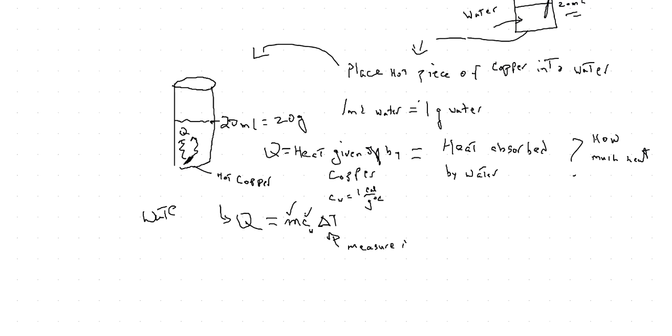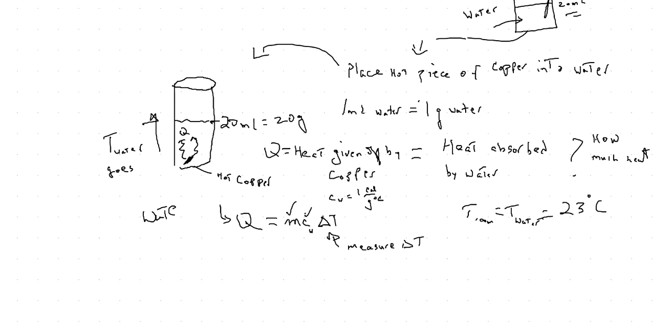right? If the T of the room, which is the same as the T of the water, right? The water's at room temperature. And we said, we made this up, was 23 degrees Celsius. Okay. When we put the hot copper in, what's going to happen is the temperature of the water is going to go up.